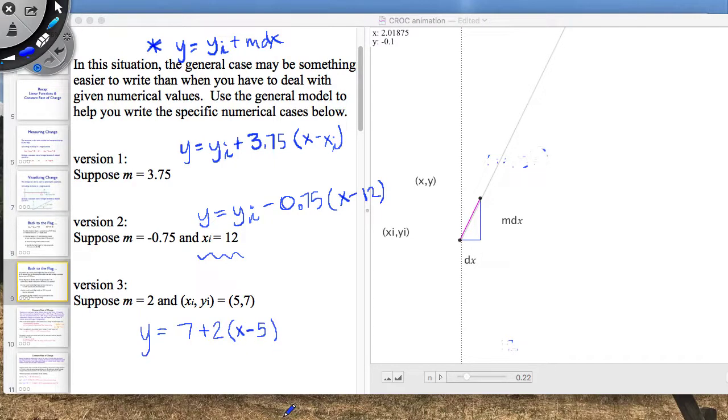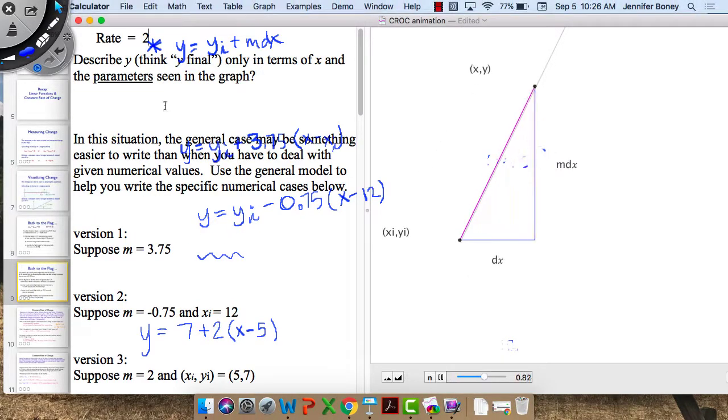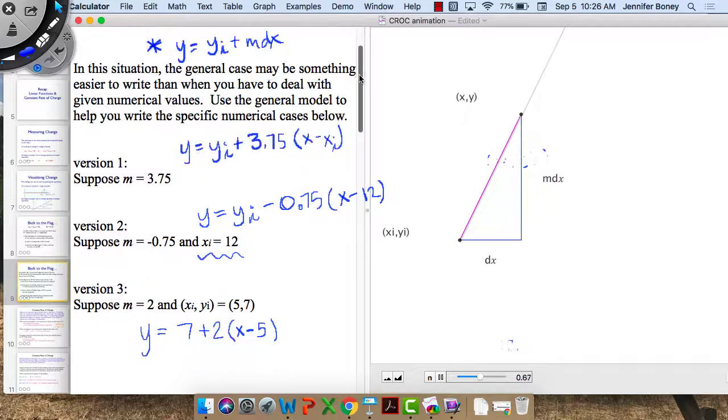And there we go. If you want to imagine this increasing in this picture, there we go. So I've just got a starting point here of 5, 7, and a slope, rate of increase, of 2.